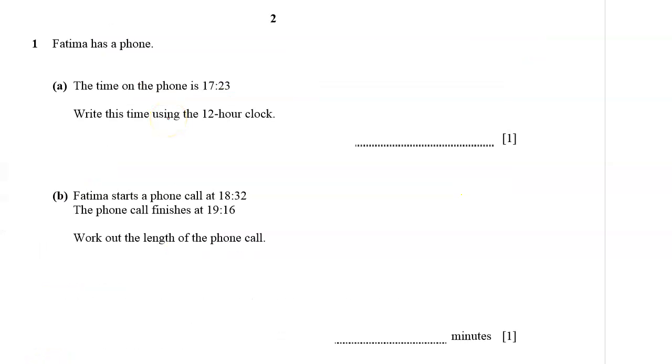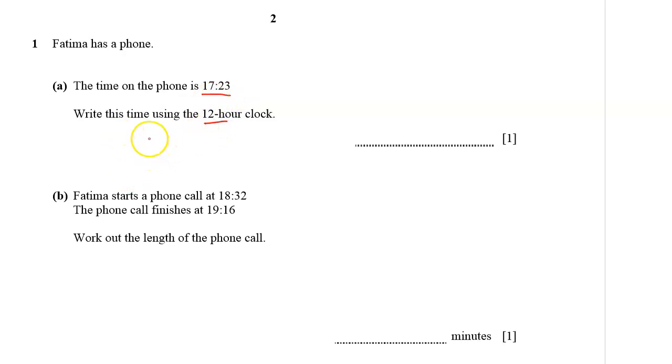Question number 1. Fatima has a phone. The time on the phone is 17:23 hours. Write this time using a 12-hour clock. Of course, you need to convert 17:23 into a 12-hour clock.